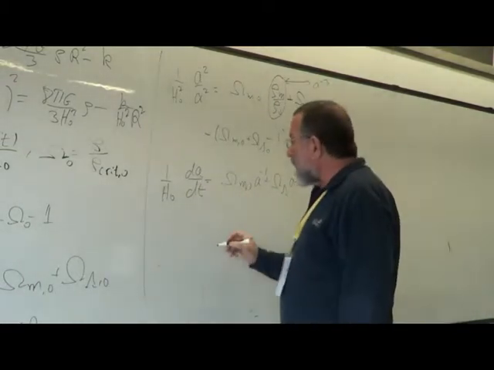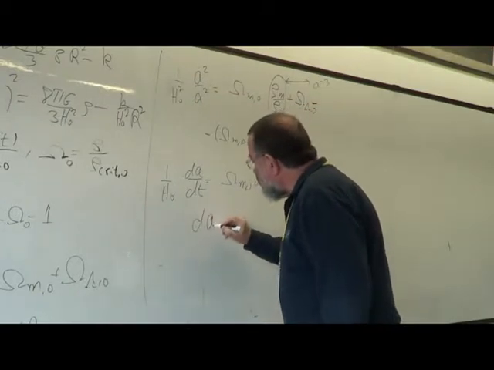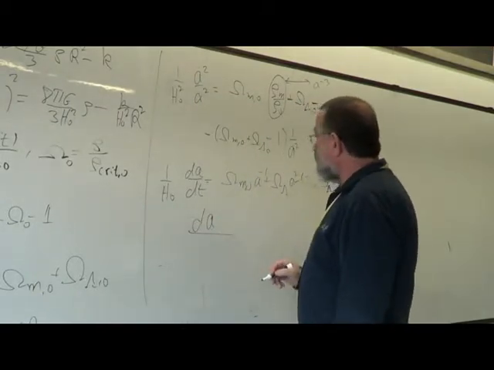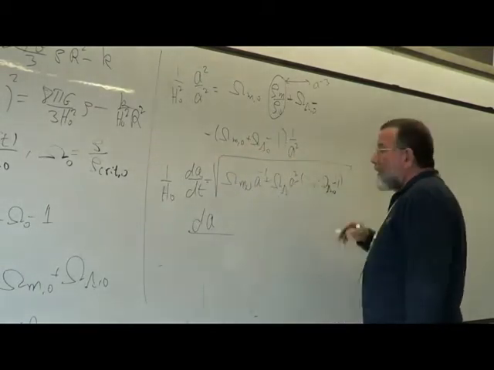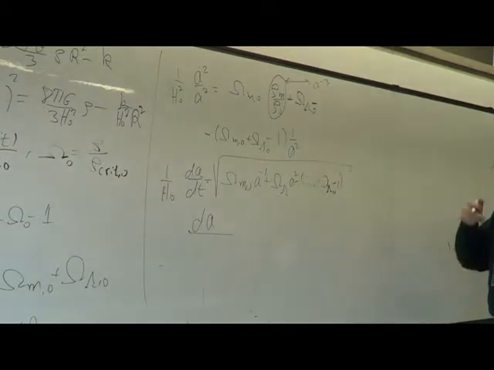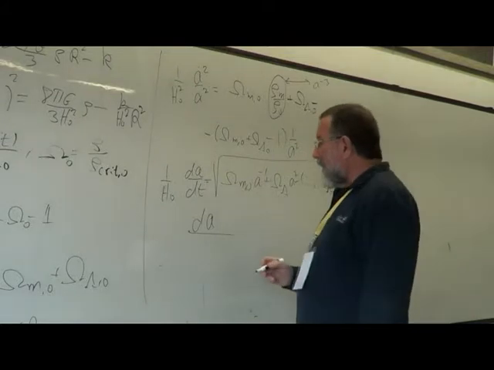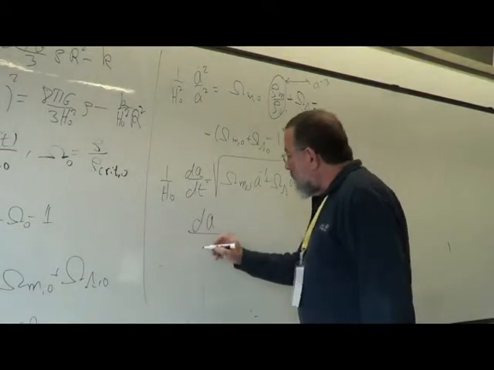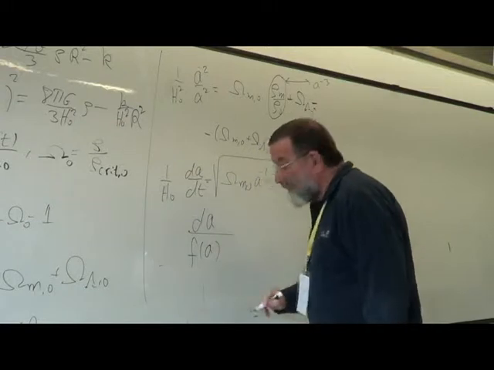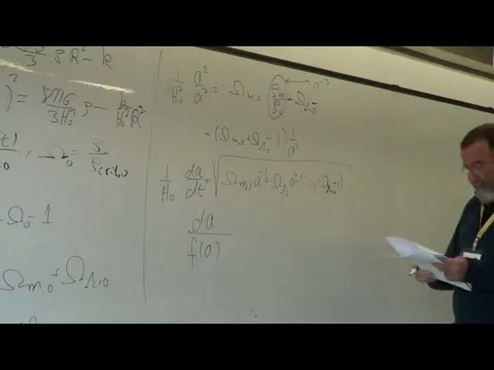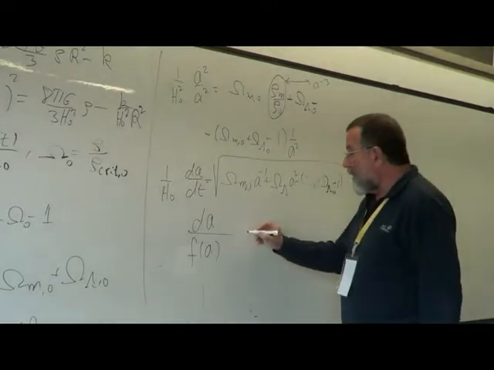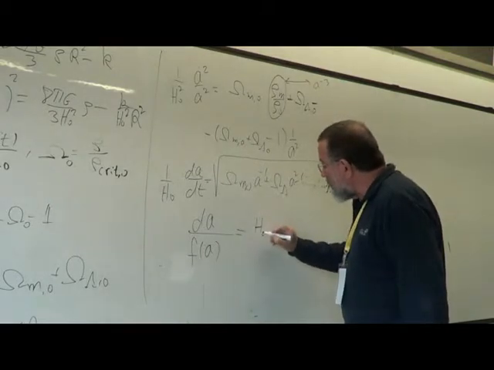So what I can write here is dA, sorry, it's a square root. So I can write it as dA divided by some function f of a, which equals H naught dt.